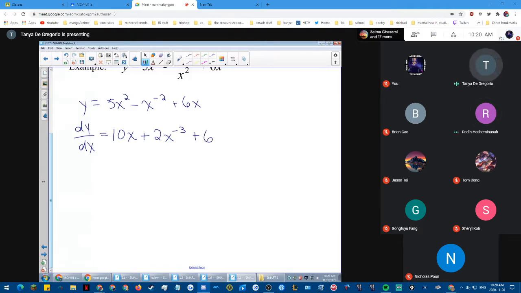So it's good. 2 times 5 is 10. x stays, 2 take away 1 is 1. Over here, negative 2 times negative 1 is positive 2. The x stays. Negative 2 take away 1 is negative 3. Plus, the derivative of x we saw was just 1. So 6 times 1 is just 6.